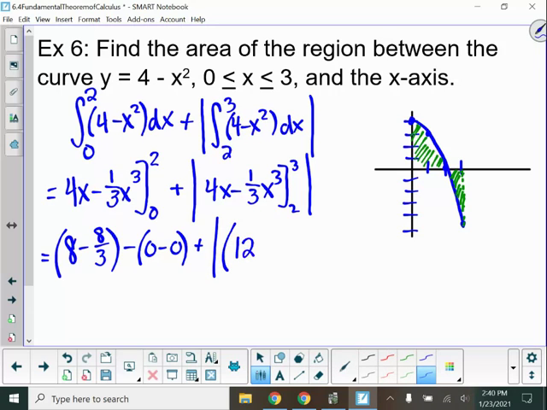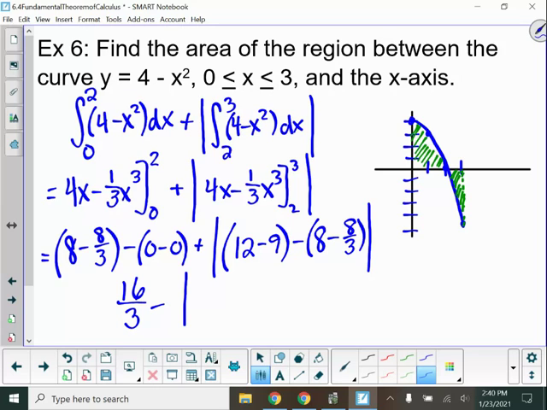So that's going to be 12 minus 9, because plugging in the 3, 4 times 3 is 12, 3 cubed is 27 times a third is 9. And then I'm subtracting from that plugging in the 2. So I get 8 minus the 8 thirds, like I did before. So here, my 8 minus 8 thirds gives me 16 thirds.